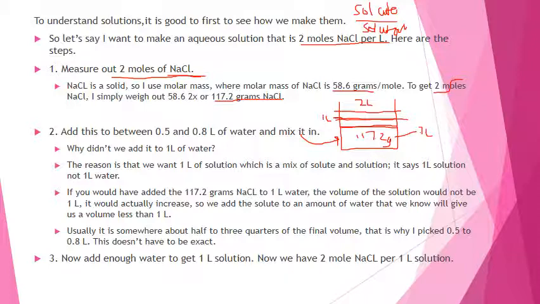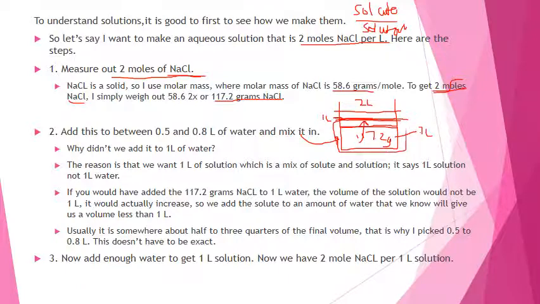Then the final step is you add enough water to bring your final volume up to 1 liter. So what you have is 2 moles of sodium chloride in 1 liter of solution.